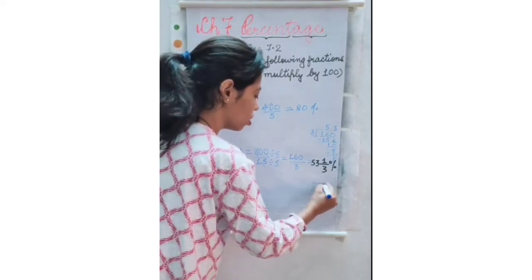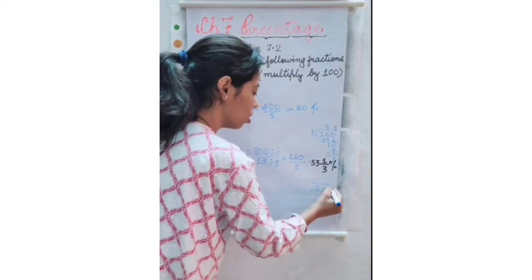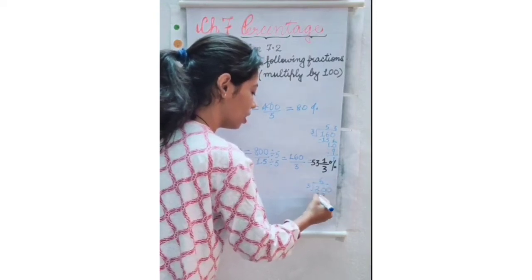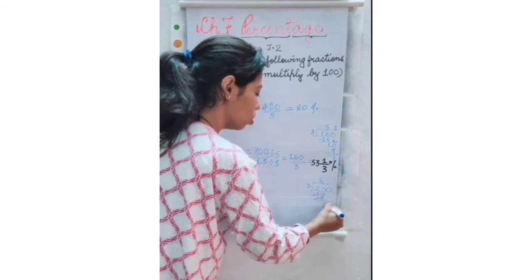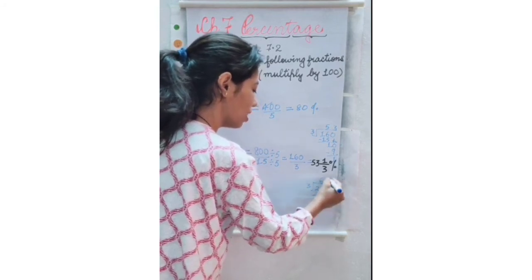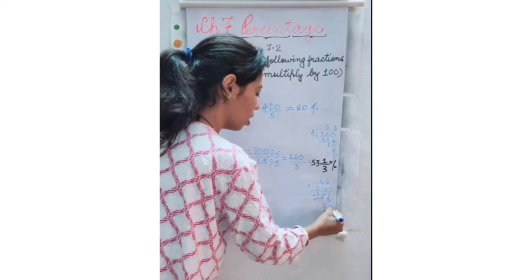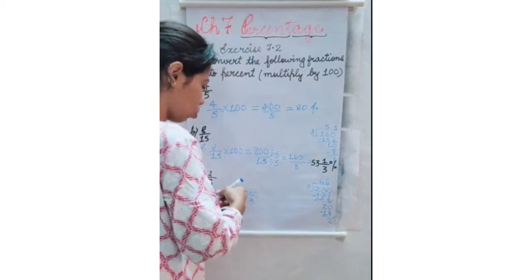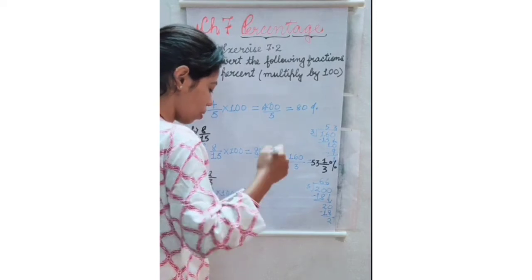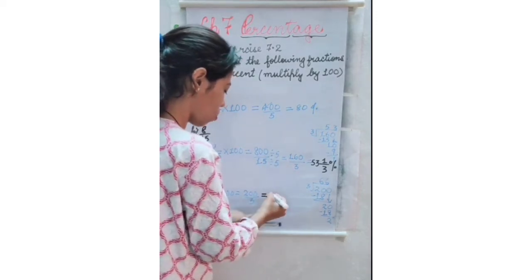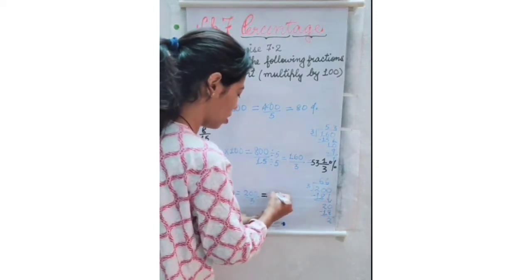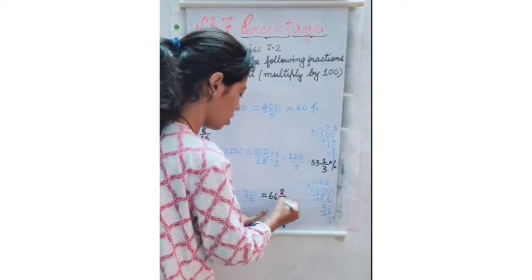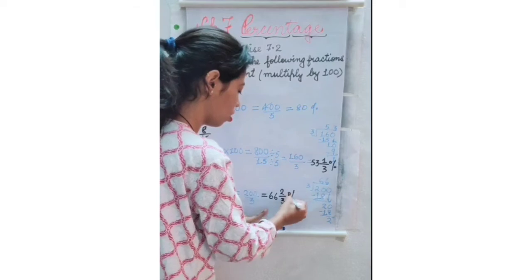Let's divide this 200 by 3. 3 6s are 18, minus, 2. 0 will come down. 3 6s are 18. Remainder 2. So this 200 by 3 in the form of percentage we can write as 66 whole 2 by 3%.